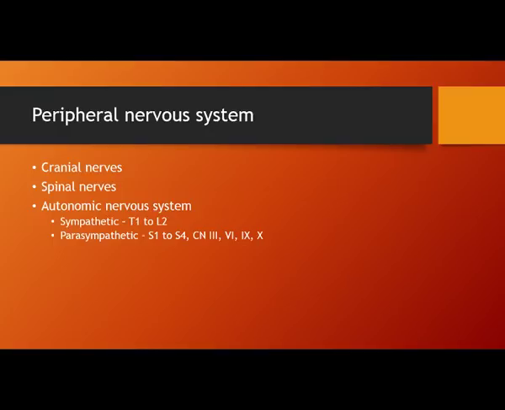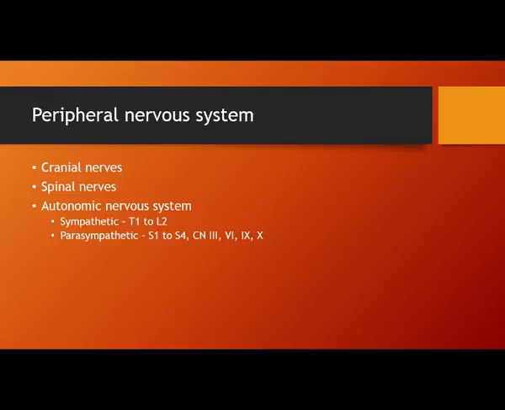Then as far as peripheral nerves, we have cranial nerves. They begin in the central nervous system, and they go directly out to their target areas without going through the spinal cord at all. We also have spinal nerves. And then we have the autonomic nervous system, and that has two parts as well.